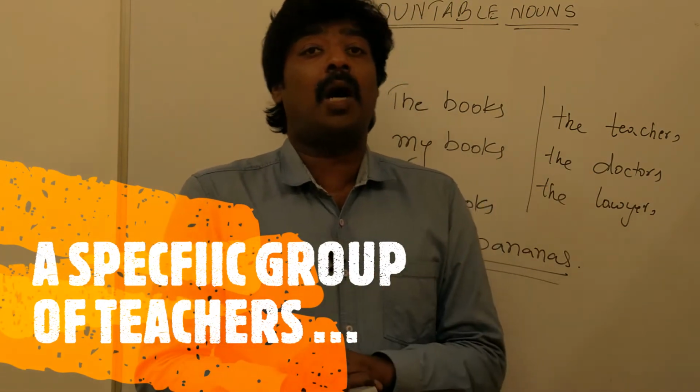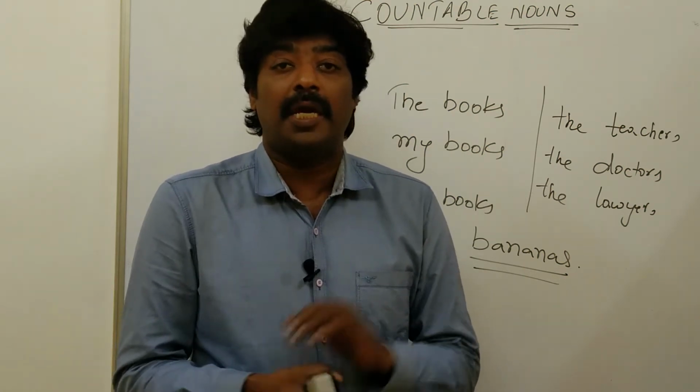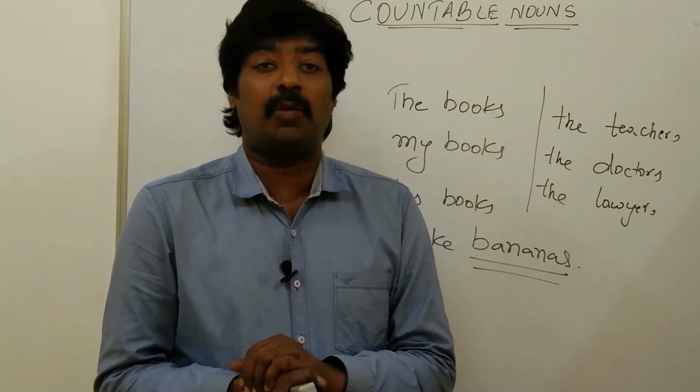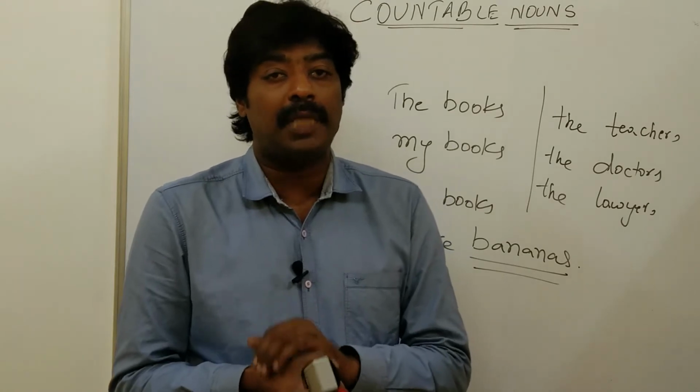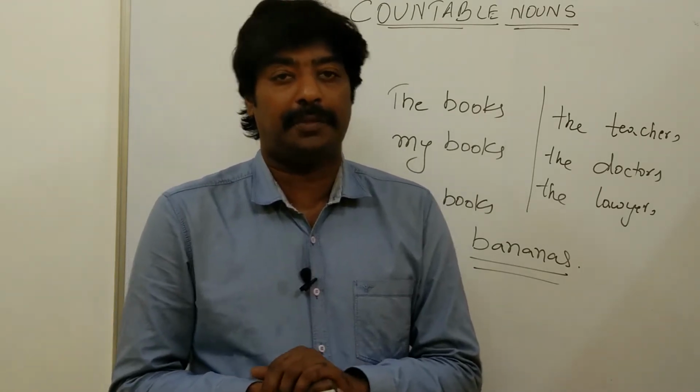Unless you're talking about a specific group of teachers or doctors. If you want to make a general statement about all people, all countable nouns in one category, no determiner should be used.